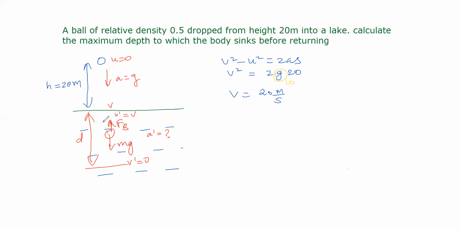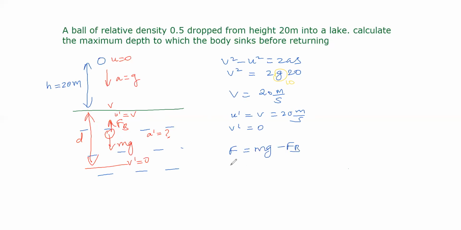As it enters the lake, the initial velocity u dash is v, equal to 20 meter per second, and the final velocity v dash is 0. After finding the acceleration, we can find how much depth it sinks. To find the acceleration, the net force F is equal to mg minus the buoyancy force.